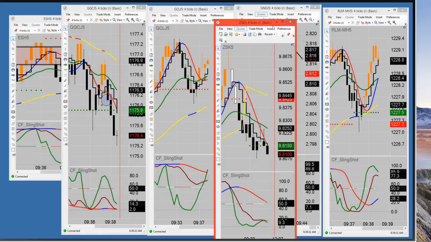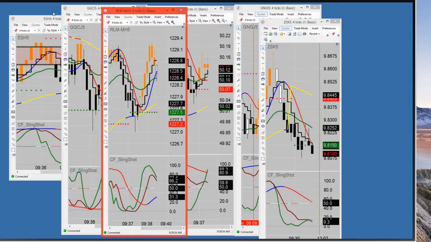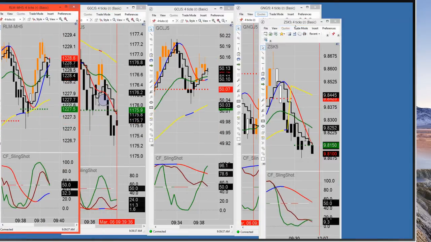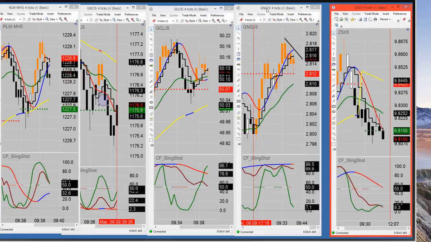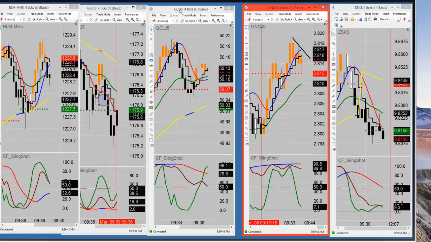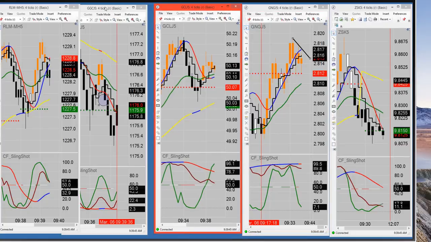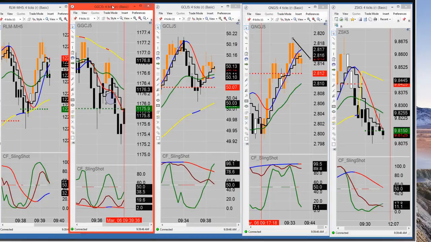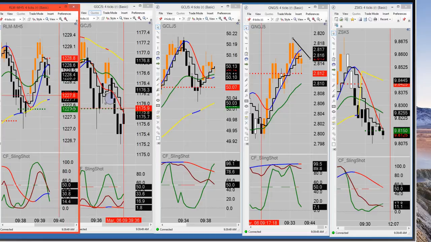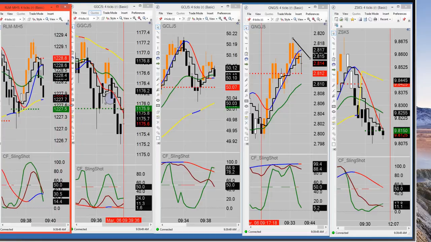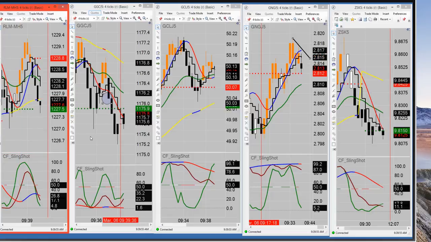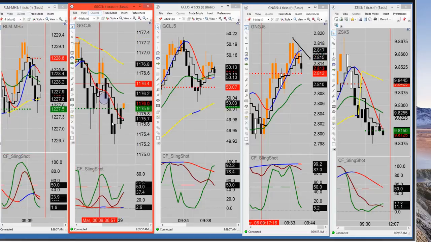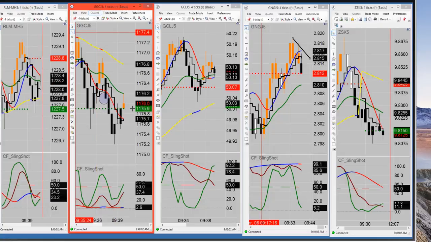I'm going to swap soybeans and the Russell around, so the Russell's closer to me. All right, and gold is now right in front of me, and that one is pulling back a little right here.